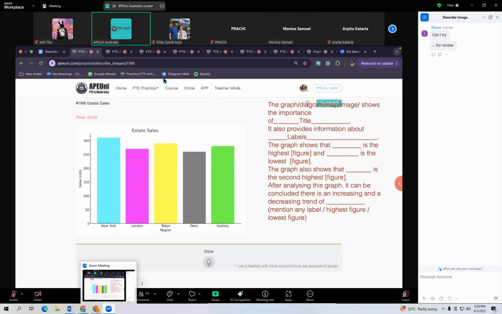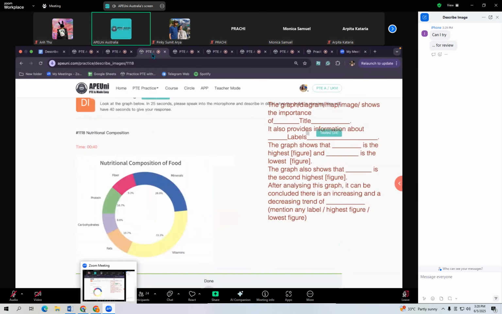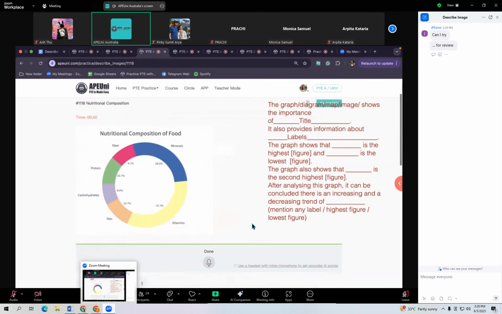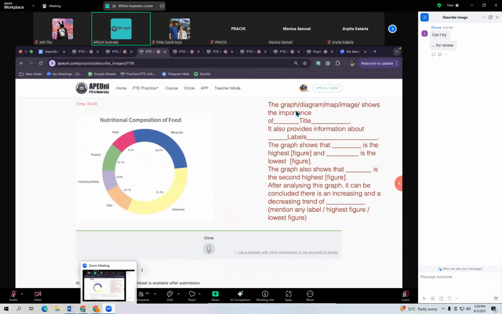You can try this one. Take a look at the image. You have it right here. The framework is beside the image. Can you give it a try? Somebody messaged in the chat box. I'm waiting for you.